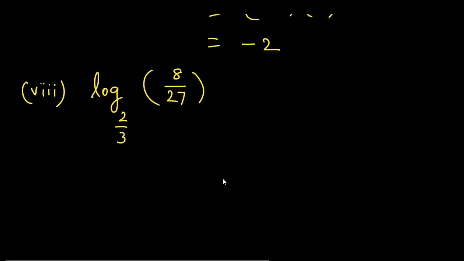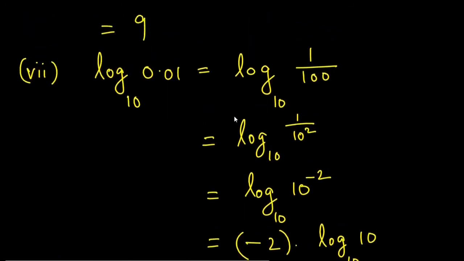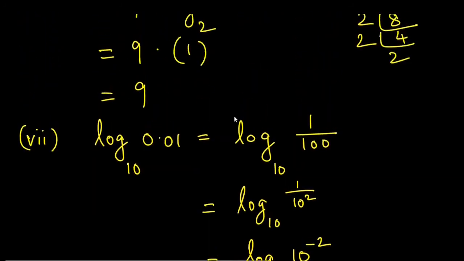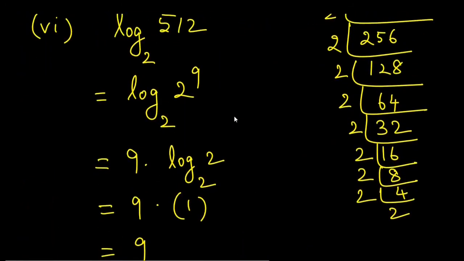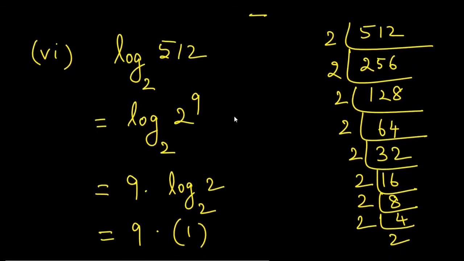Log of 8 by 27 to the base 2 by 3. So this one we can do it in either way. Most of these things can be done in either way.